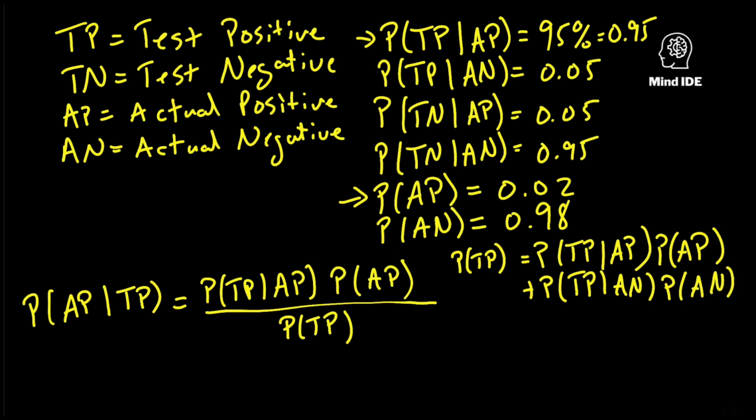So the probability that you test positive is equal to the probability that you test positive and you're actually positive multiplied by the probability of actually positive, plus the probability that you test positive and you're actually negative multiplied by the probability that you're actually negative.